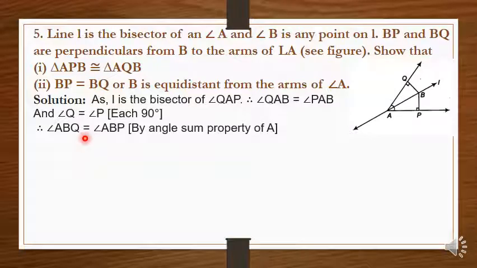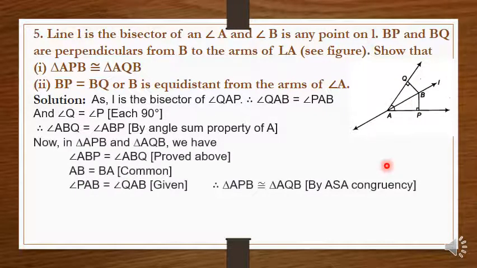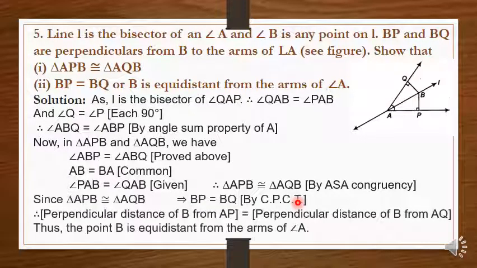Therefore we can say angle ABQ is equal to angle ABP, by angle sum property, or we can directly use angle Q equals angle P. Now we have two angles which are equal, and AB is the common side. So we can write down all of them, and hence by AAS congruency rule they are congruent.